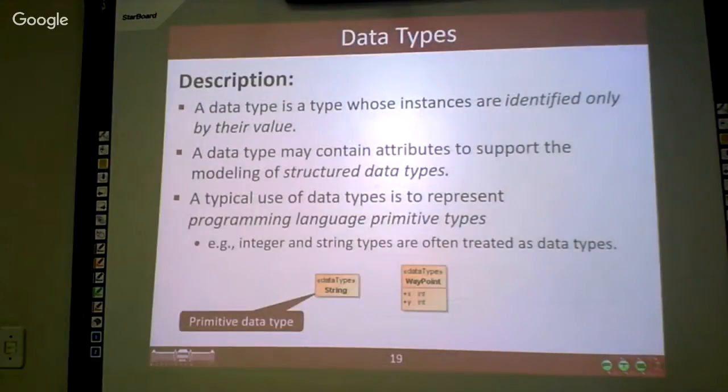There are various data types in UML, and these will be extended later by SysML. A data type can be defined as a type whose instances are identified only by their values. Just if you want to represent, for example, numbers, in the general case 5 equals 5.